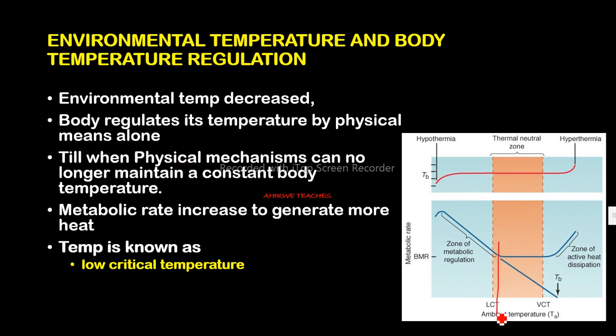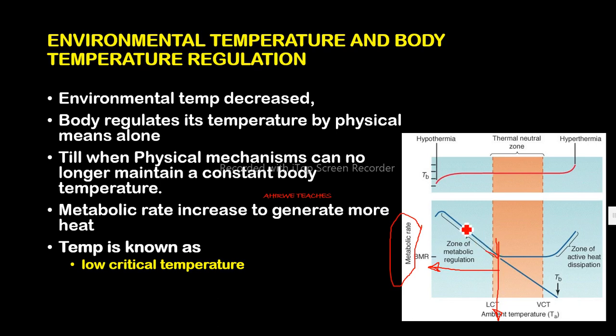the lower critical temperature. And now from here, if you keep decreasing the environmental temperature, then the rate of metabolism is going to increase, like you can see. Okay, it is increasing.